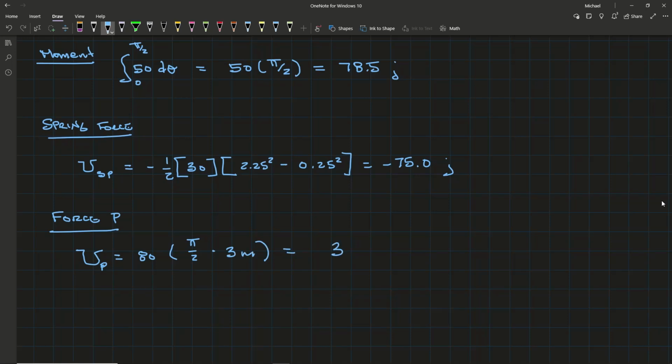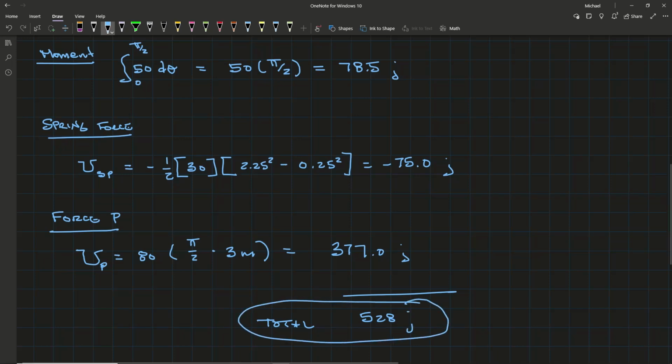That's going to end up being 377 joules. All right, so our total for the system, I guess I only need one line here. Our total for the system is 528 when I add all these up. And that is our total work.